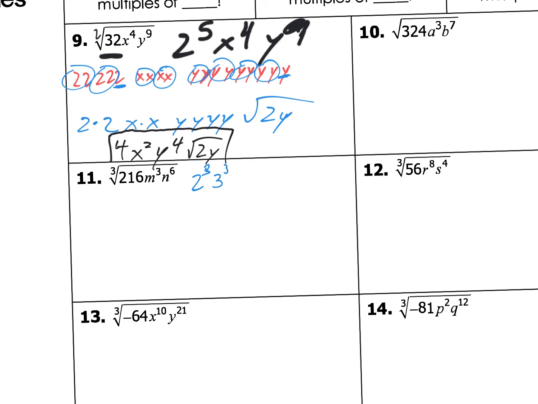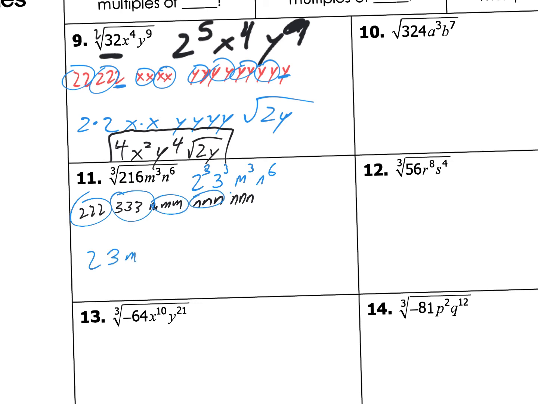And what we'll do is we've got m cubed and n to the 6th. Well, we could write this out and see kind of how this looks: 2, 2, 2, 3, 3, 3, m, m, m, and n, n, n, n, n, n. And you can see I've already started grouping these by 3's because I already know I'm trying to get groups of 3. So 2's will come out, 3's will come out, m will come out, n and n will come out.